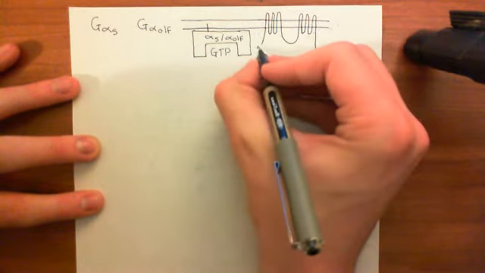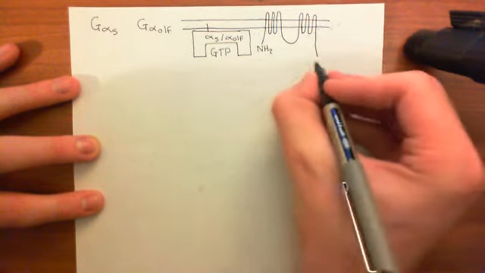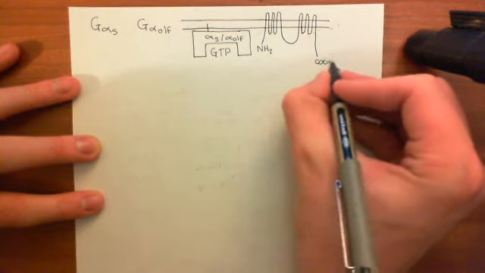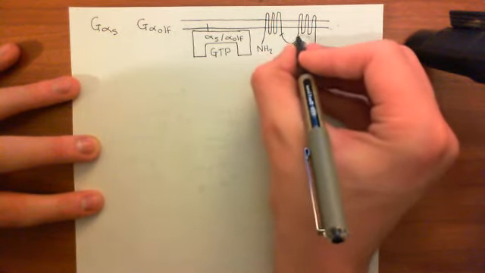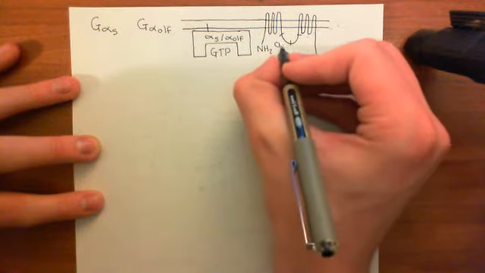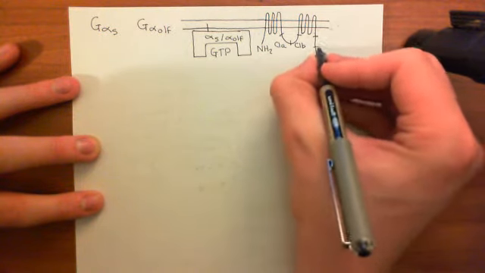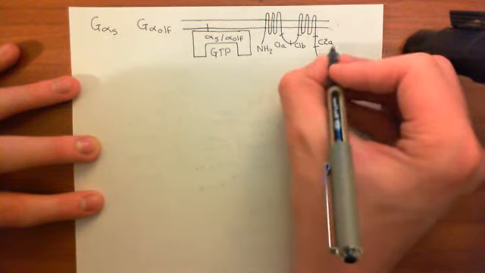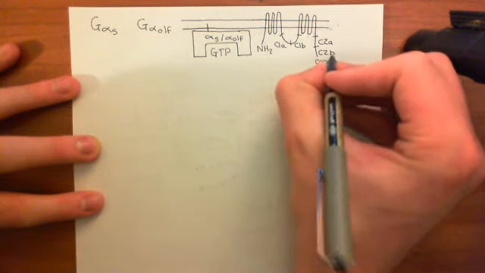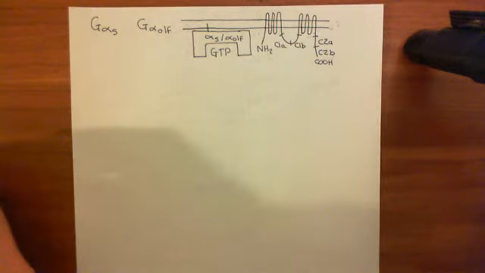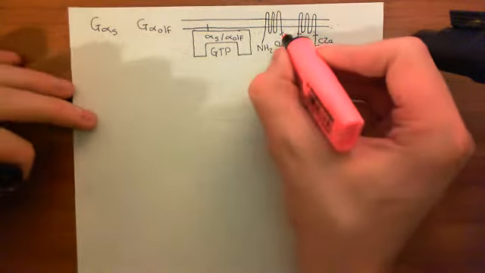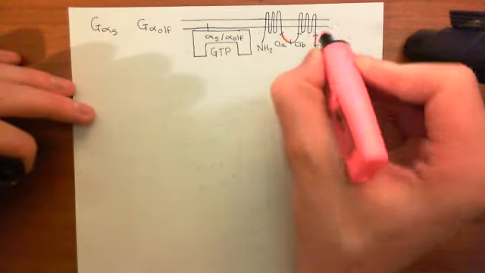Then they have the amino terminus here, and then the carboxylic acid terminus down here, and then they have the C1 domain, which is divided up into C1a and C1b, and then they have the C2 domain, which is divided up into C2a and C2b. Okay, and remember, to activate the enzyme, what you need to do is dimerize C1a and C2a.